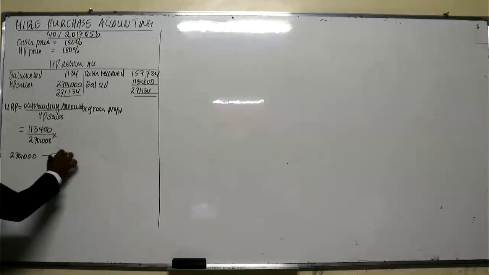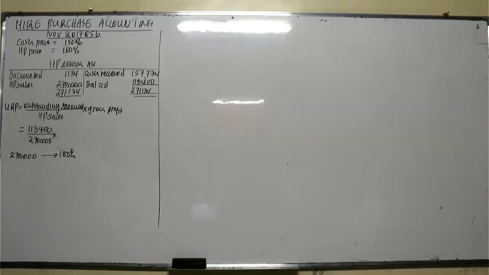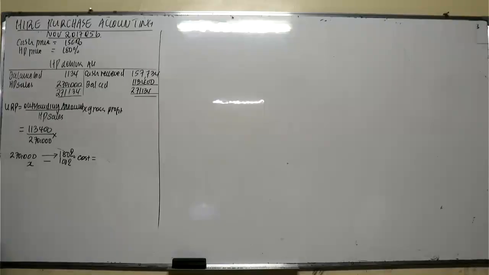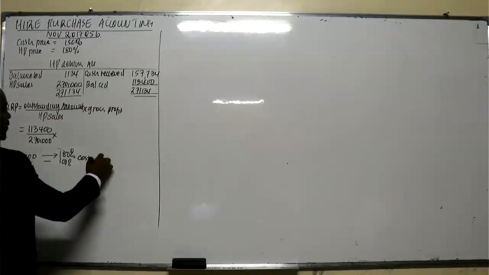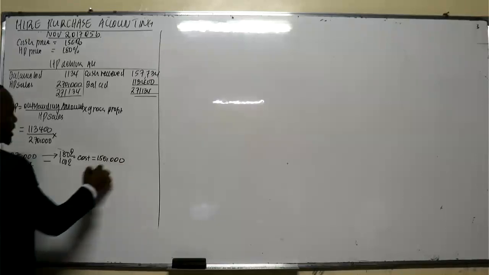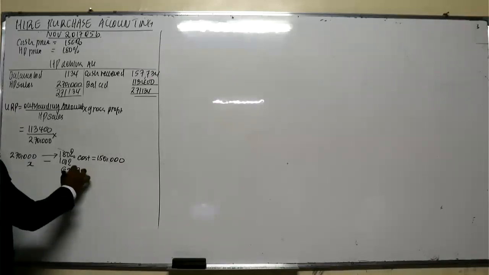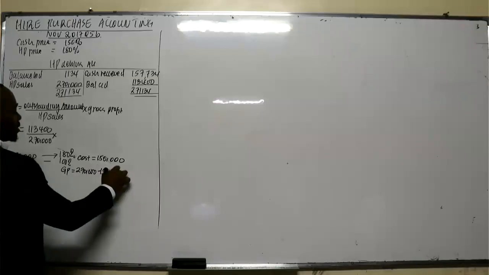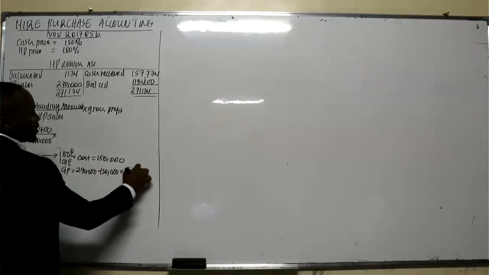This is equivalent to 180%, or about 100%. So first of all, you get the cost of sales, 150. Therefore, to get the gross profit, it will take 270 minus 150, and you get 120.